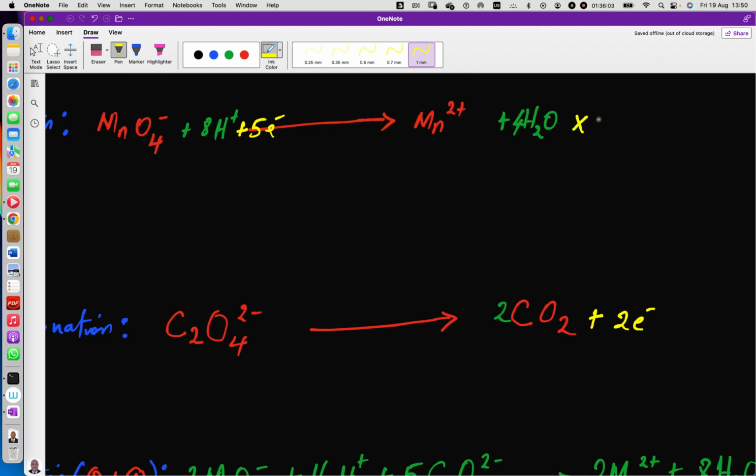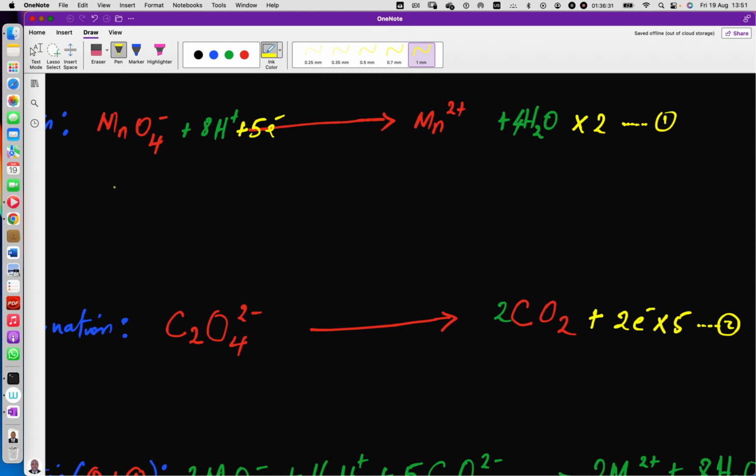Equation 2 we multiply times 5, to get 10 electrons.